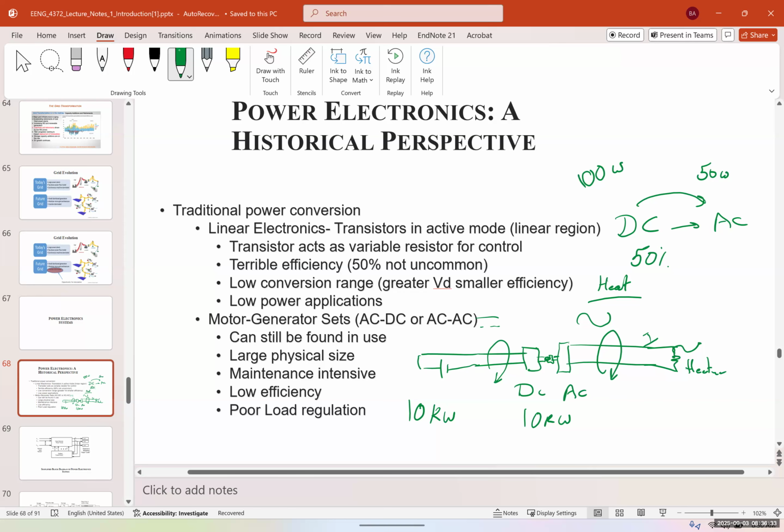So the RPM drops, and to compensate, for a constant power delivery, you need to increase the generation side power. So that creates a lot of problems. You want to regulate it for a power electronic system, which I will explain later on. Simple feedback will solve this problem. But if you have a motor generator or a mechanical system, it's going to create problems.